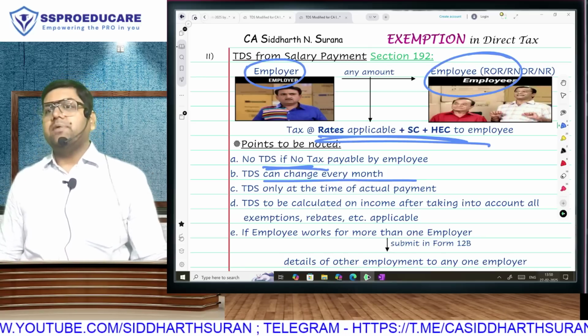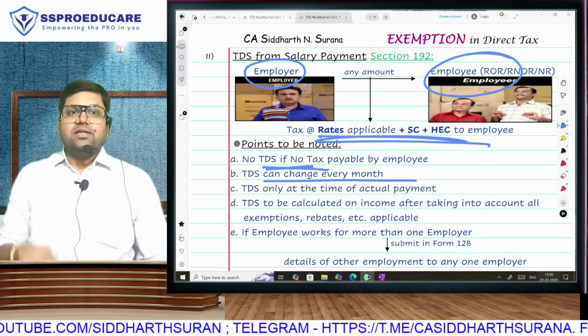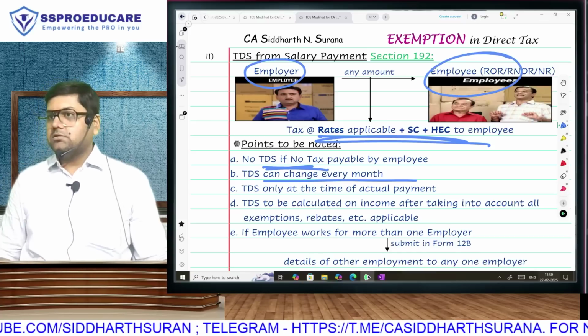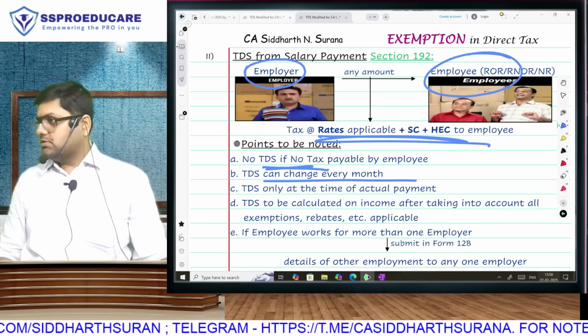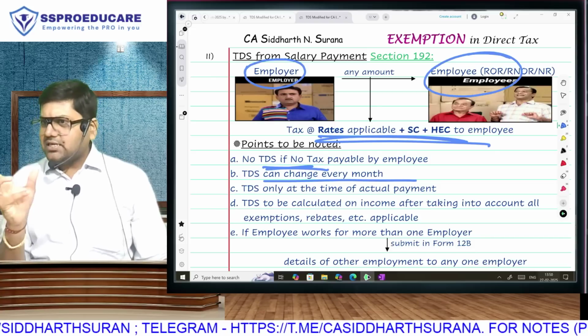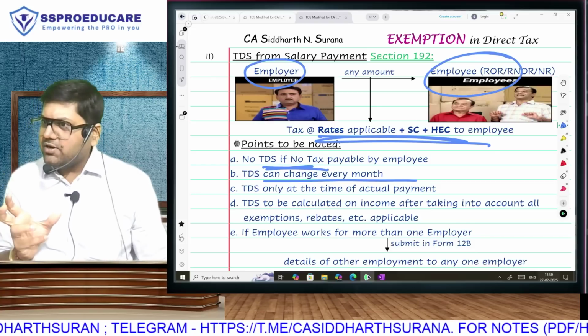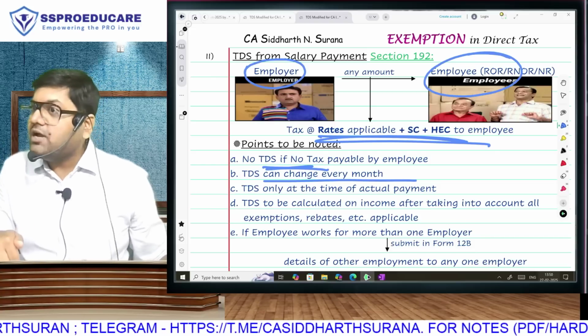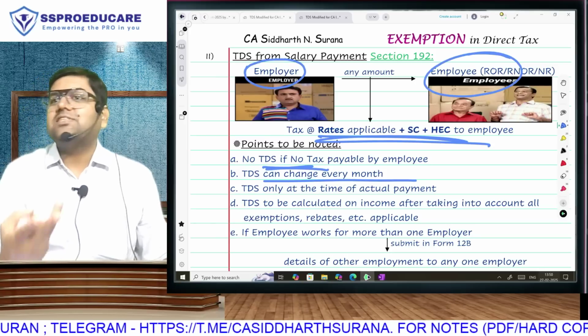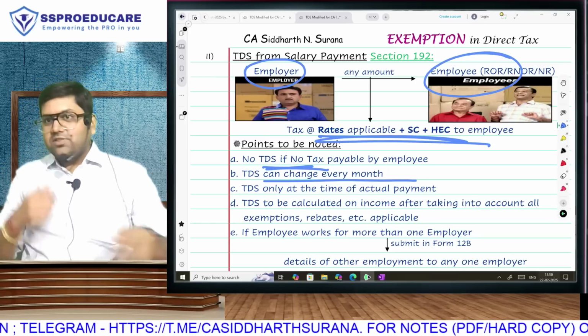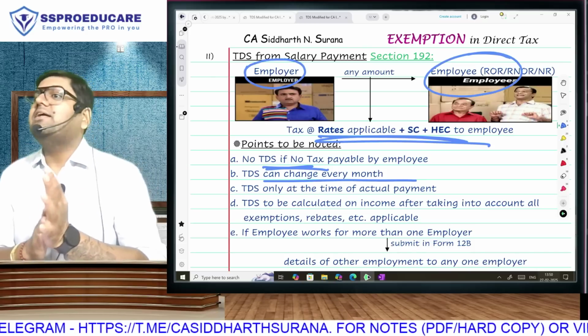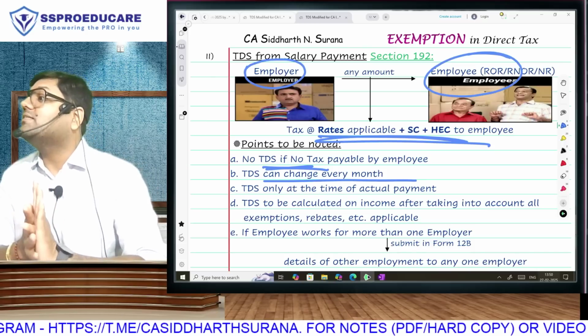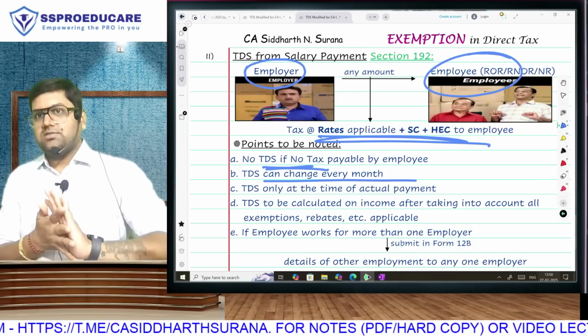From July, it is becoming 80,000. So what is your salary? 80,000 into 9 months plus 20,000 into 3 months. Total salary, deductions, etc. will give you NTTI. On that, we will calculate tax. This tax we have to deduct. Divide by 9 because first 3 months are over. So that is how in salaried cases we keep on modifying the TDS figures.